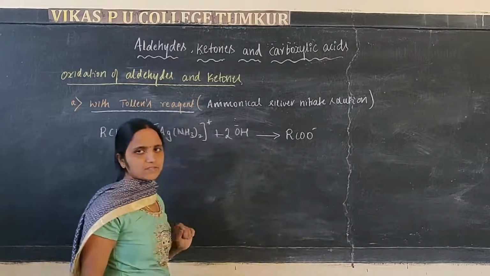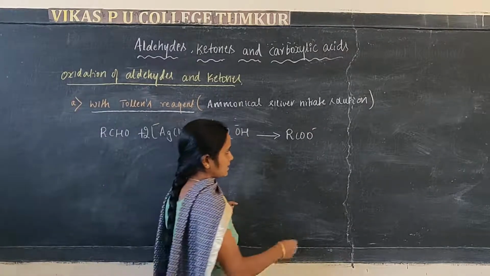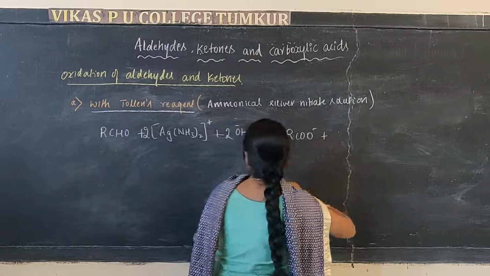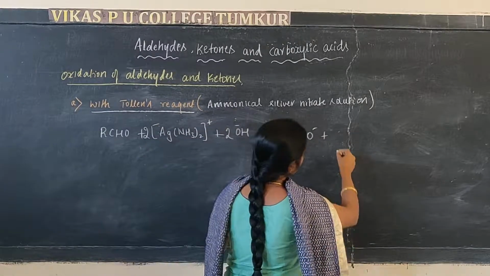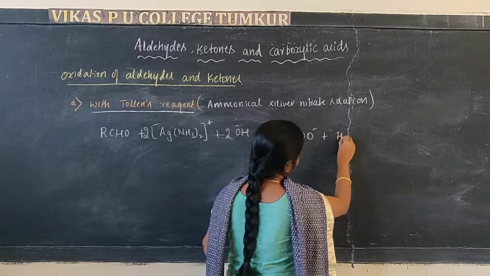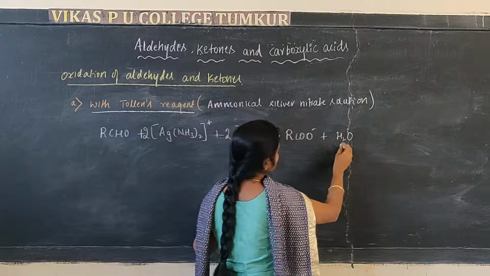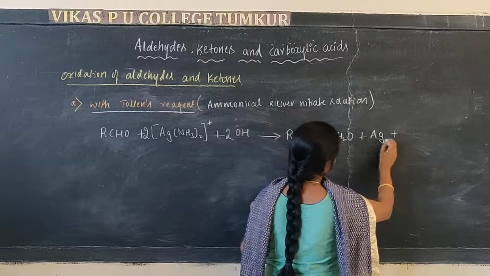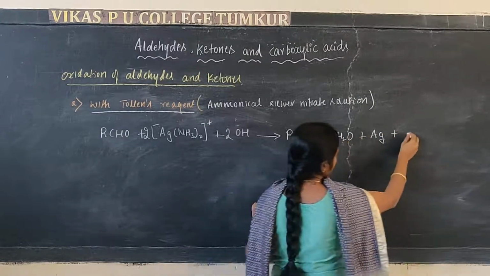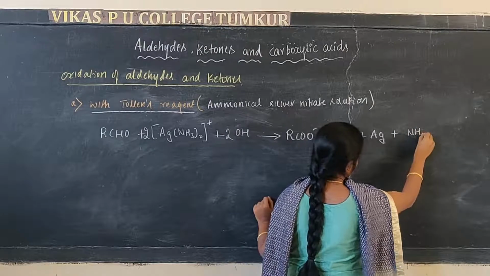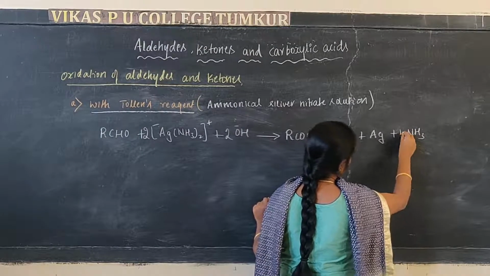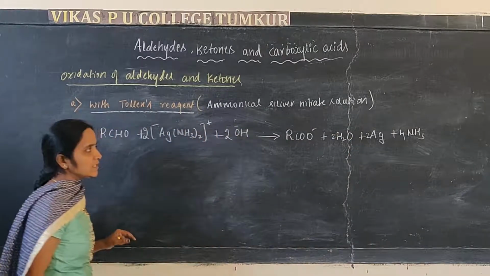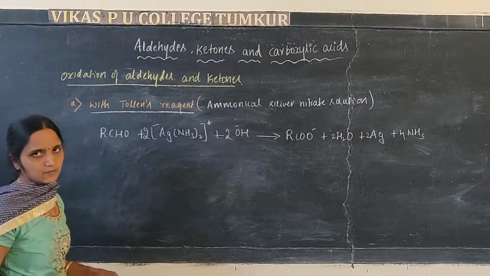The aldehyde gets oxidized into the respective carboxylic acid, forming H2O, Ag and NH3. This is the black colored precipitate that is formed.